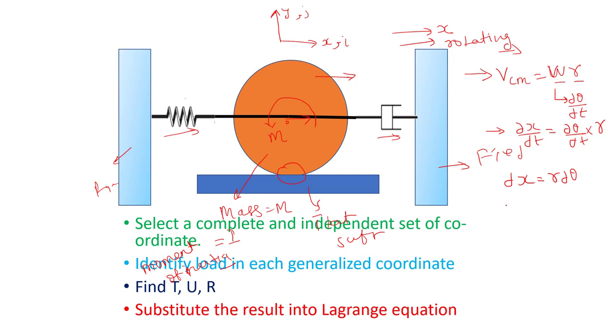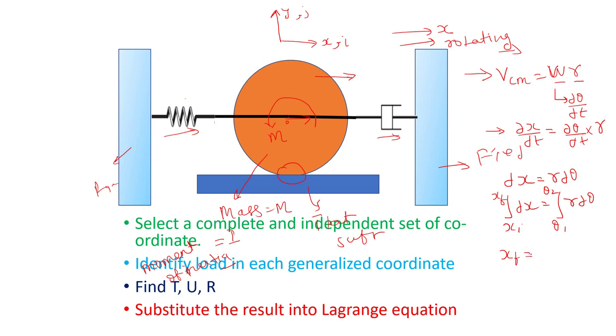Now if we integrate it from some initial position to the final position, xi to xf, dx is equal to the integral from theta 1 to theta 2 of r d theta. Suppose that initially it is at 0 position, so x initial is equal to 0.